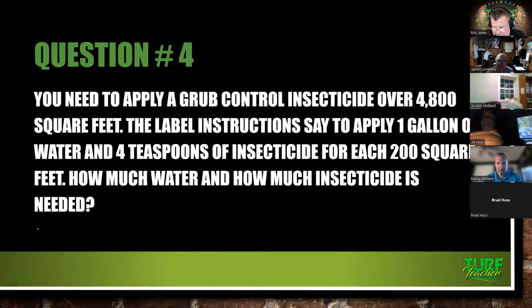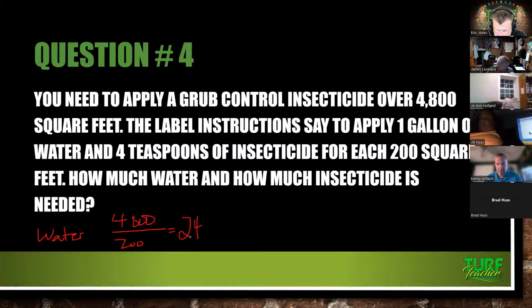For our water, we have 4,800 divided by 200, which gives us 24. We need 24 gallons.